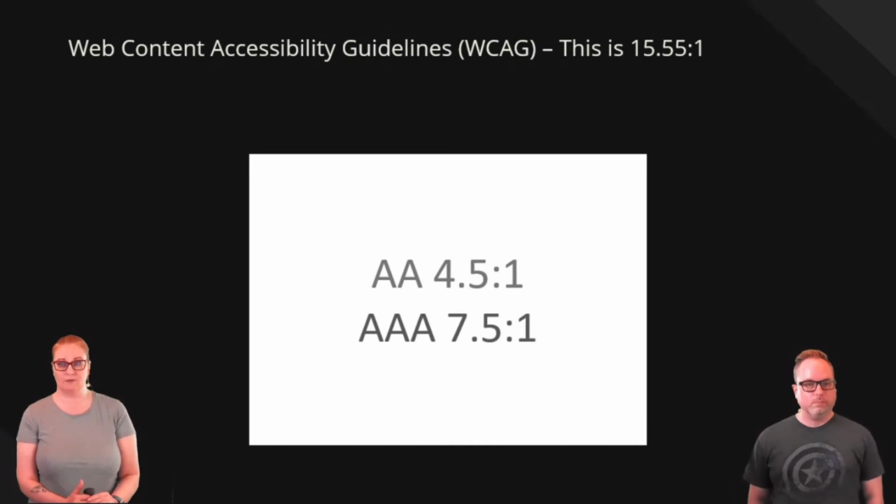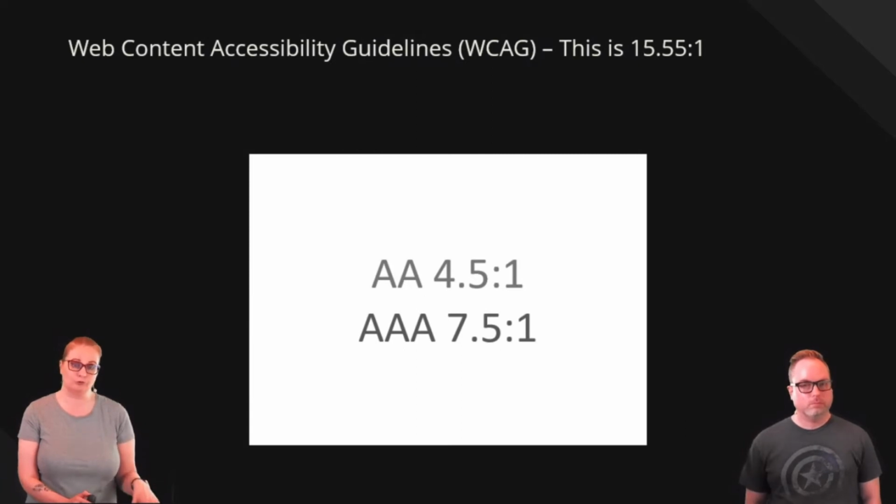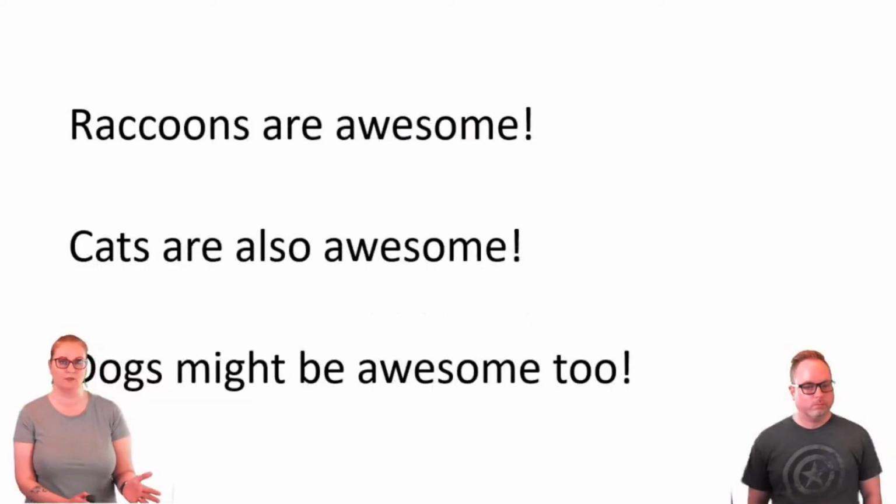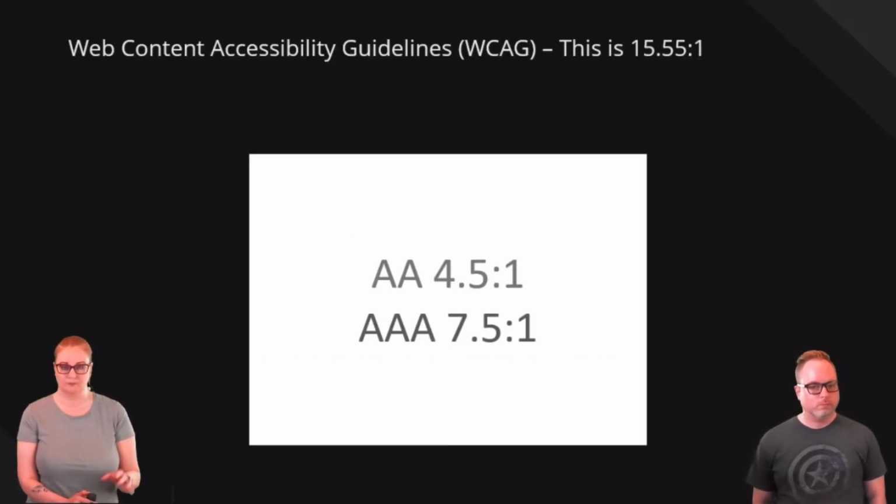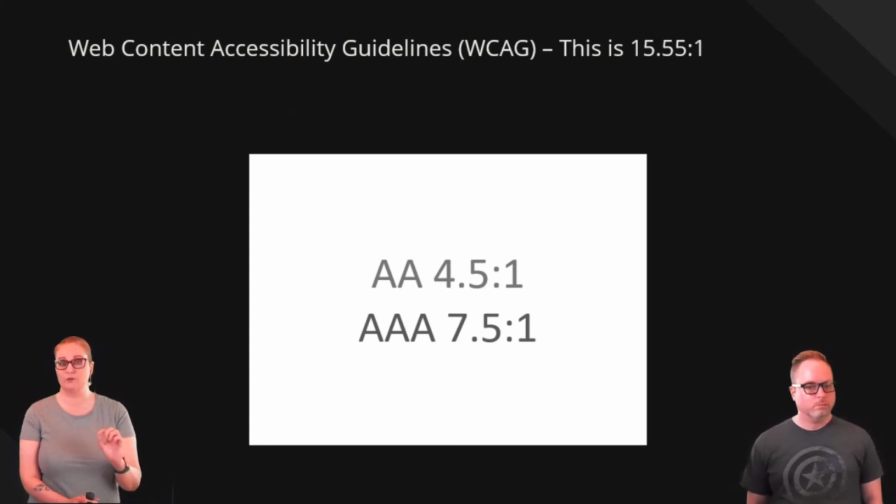That makes quite a difference. Now for AAA, most text should be 7 or 7.1 or 7.5, I can't even remember. But that's for most text. You can still have headers and things at 4.5 and still pass AAA.